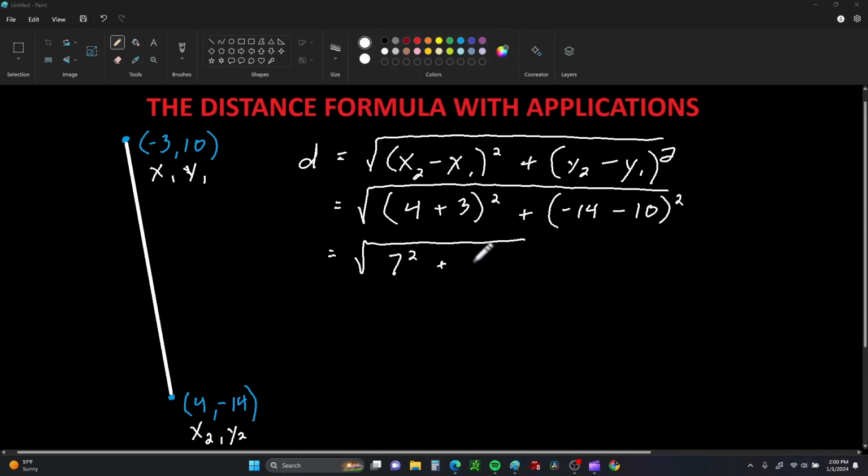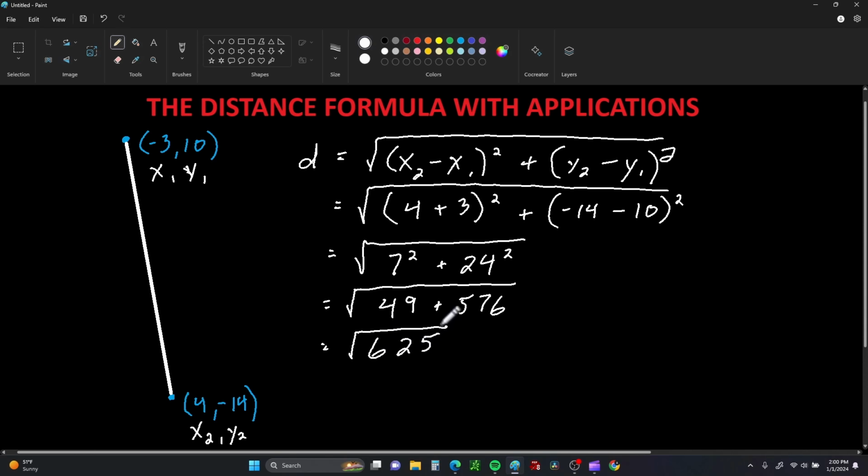Whether it was positive or negative, it would still be 576. So I have 49 plus 576. And adding these together, I will get the square root of 625. And the square root of 625 is 25. So these are 25 units apart.